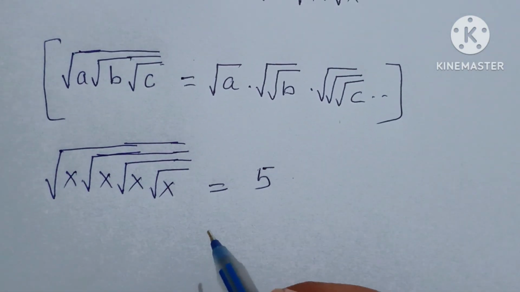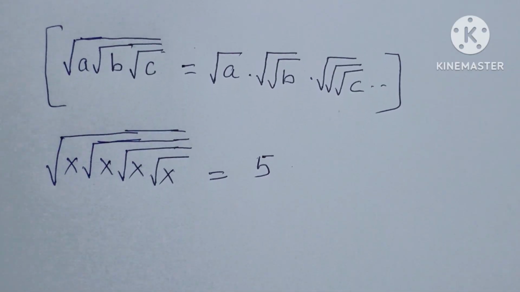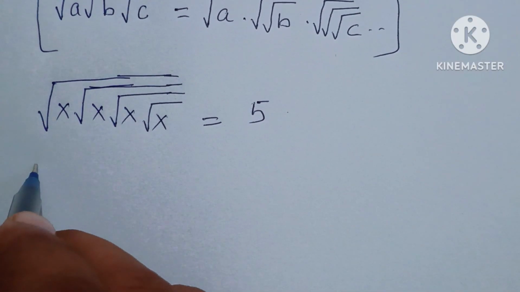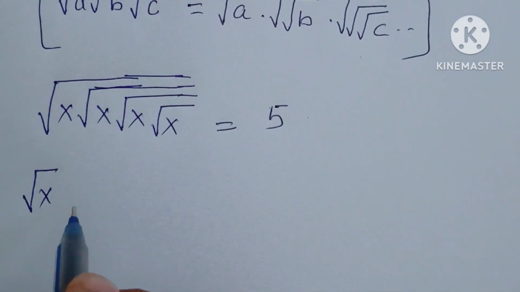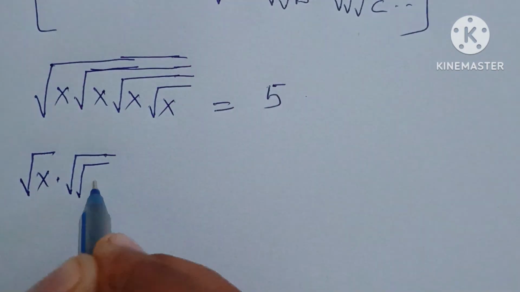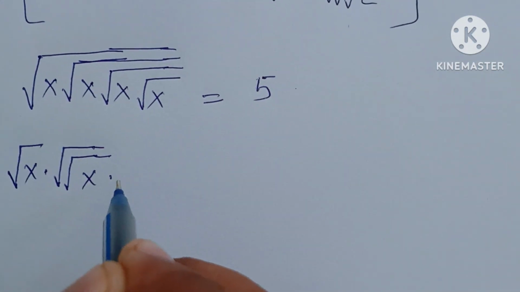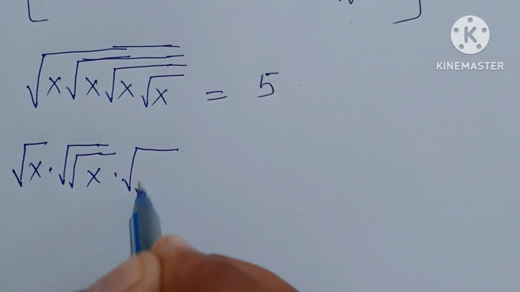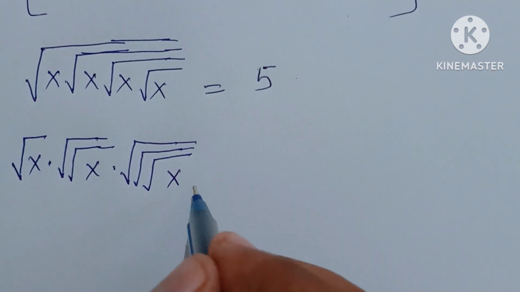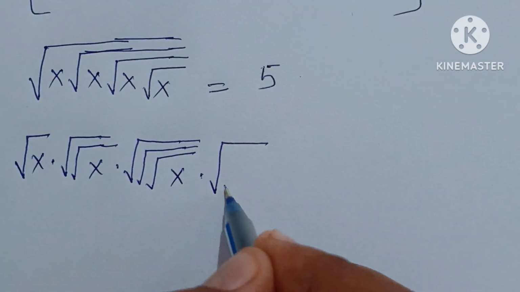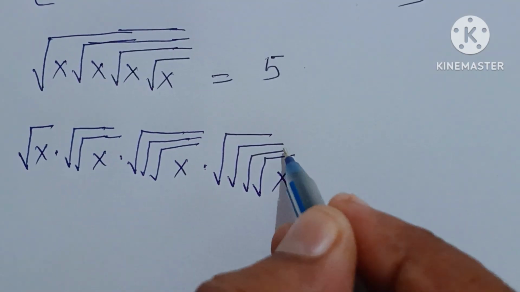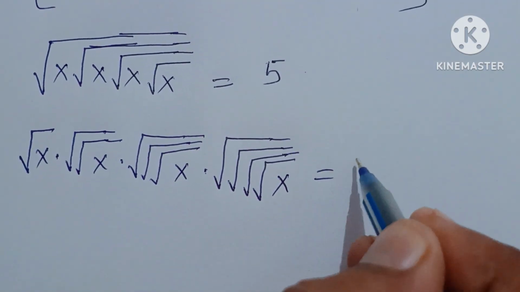Now we can write this one here: under root x into under root x into under root x into under root x is equal to 5.